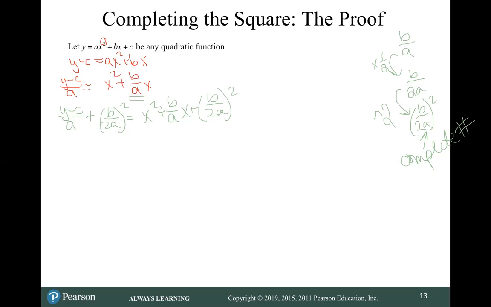In order to factor this, I want a number that multiplies to (b over 2a) squared and adds to b over a. So what two numbers multiply to b over 2a times b over 2a and add to b over a? And this is the trick.